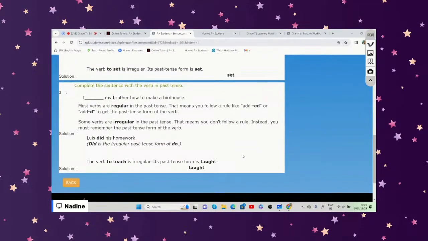Then we go to the next one. It says, complete the sentence with the correct verb in the past tense. I taught my brother how to make a bird house.